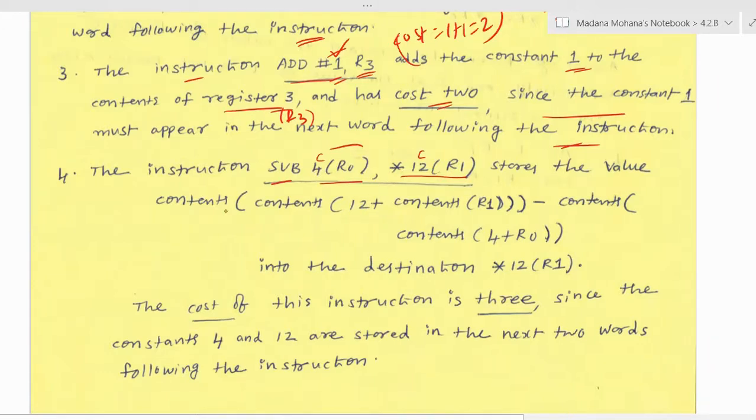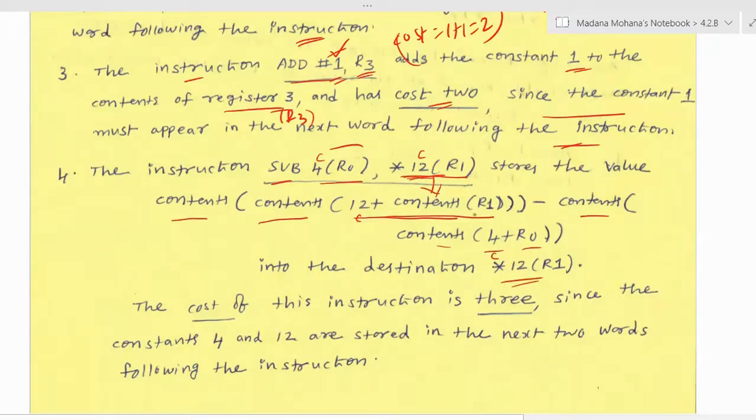It stores the value: the contents of 12 plus R1 as the destination, and the source is subtracted from the destination, that is minus the contents of 4 plus R0. Here c is 4, and here c is 12. Now this result can be stored into the destination, *12(R1).